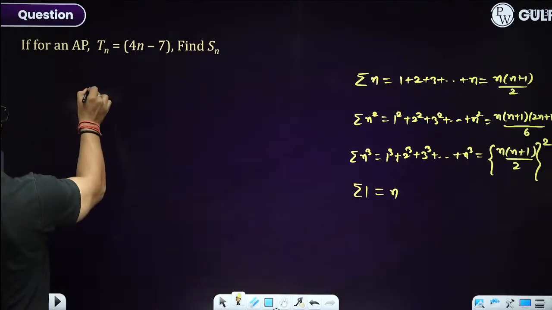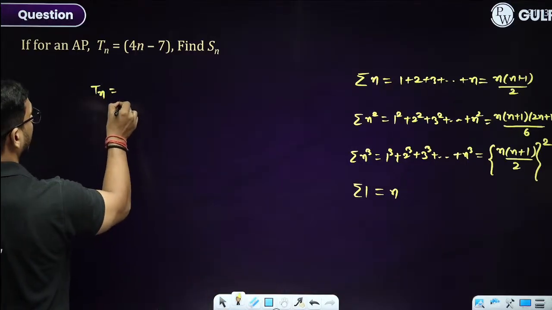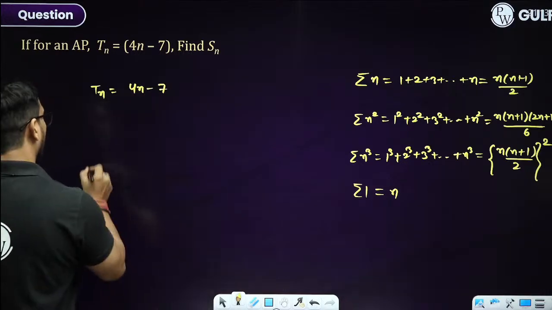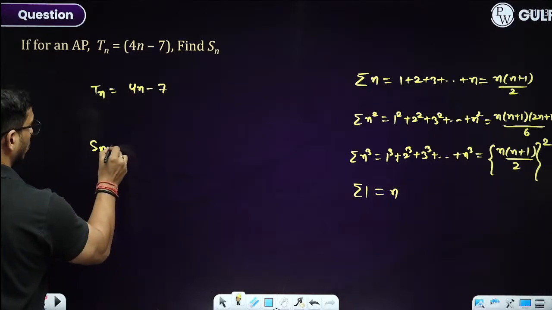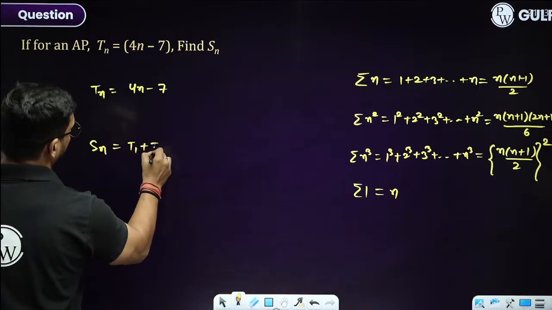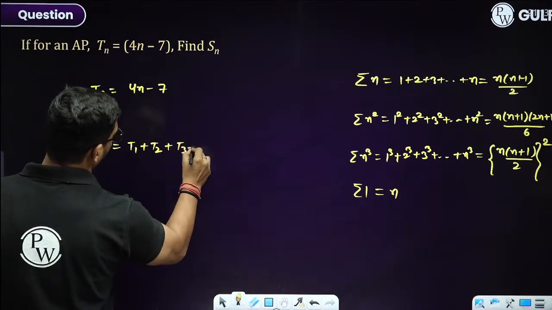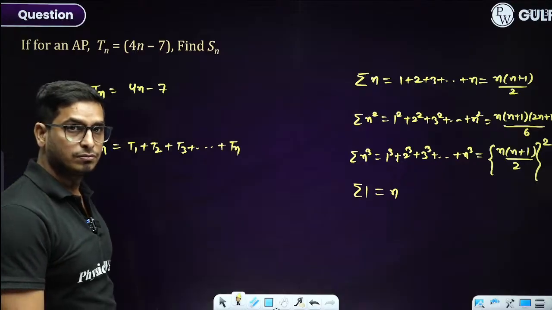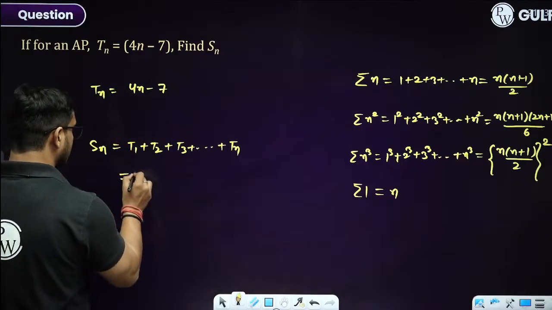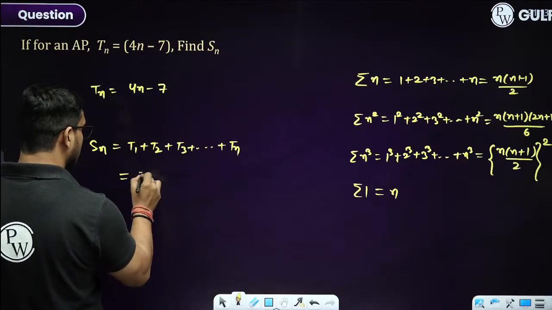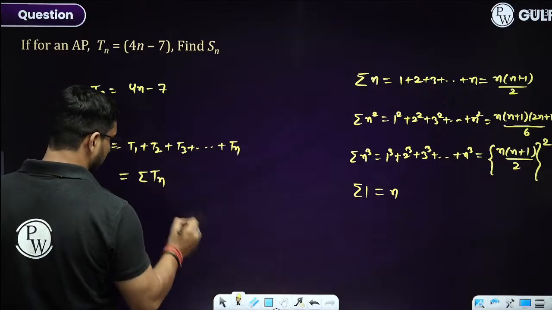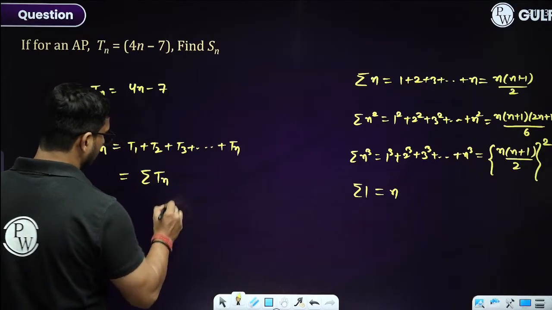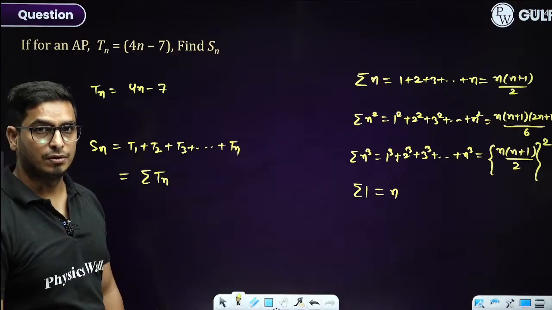So here we have Tn equal to 4n minus 7. Sn we all know: Sn is T1 plus T2 plus T3 and so on plus Tn. So Sn is nothing but sigma Tn, the summation of Tn, right?